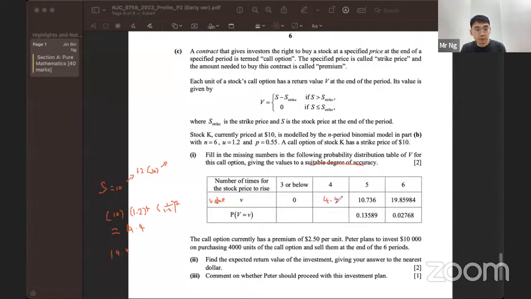Now the probability for it to reach this price is also the same probability for this to be equal to 4.